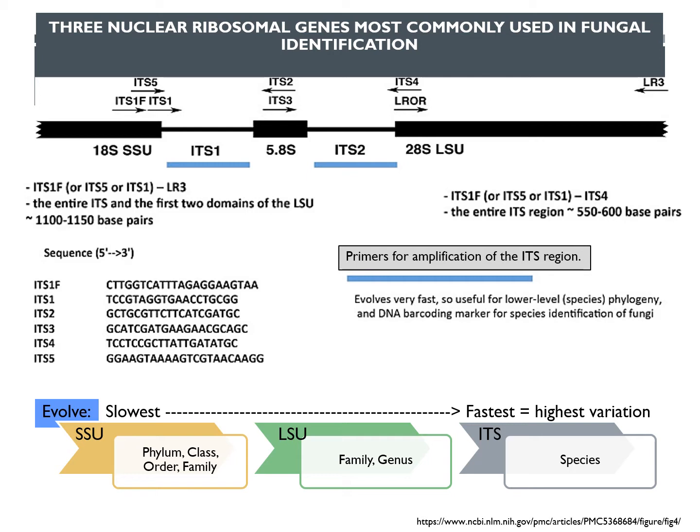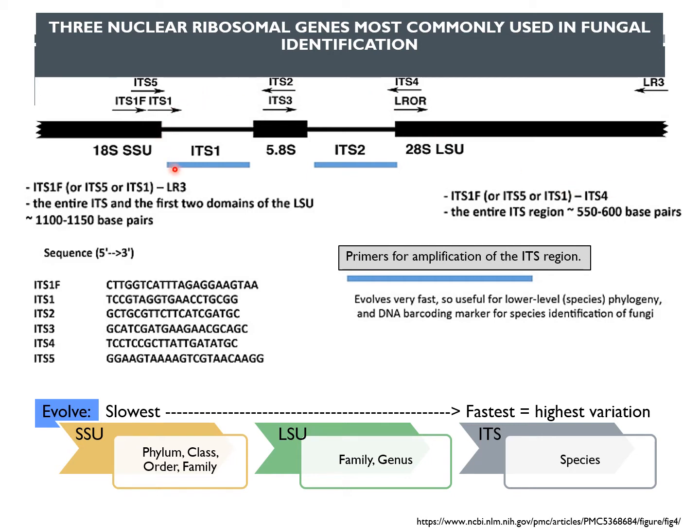Hence, for natural products research, the first two domains of the LSU gene and the entire ITS region should be sequenced due to their high prevalence in fungal taxonomy and systematics.